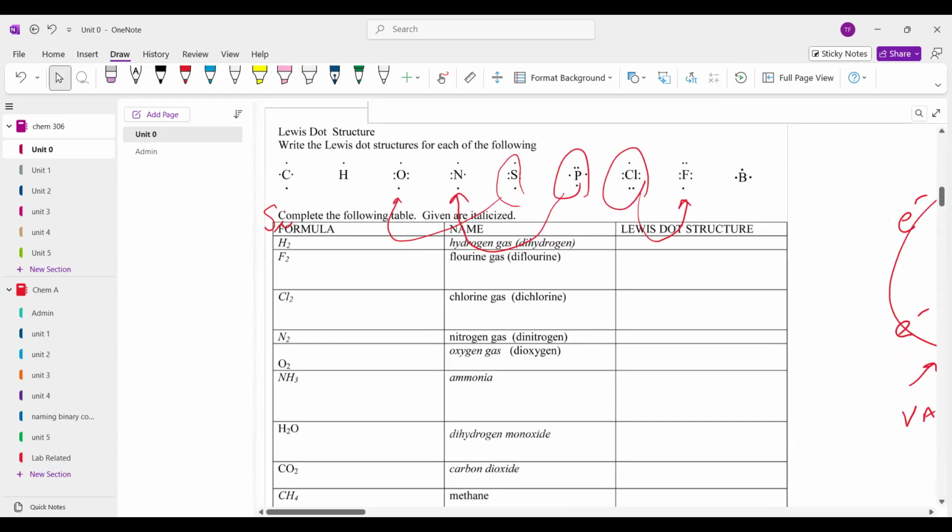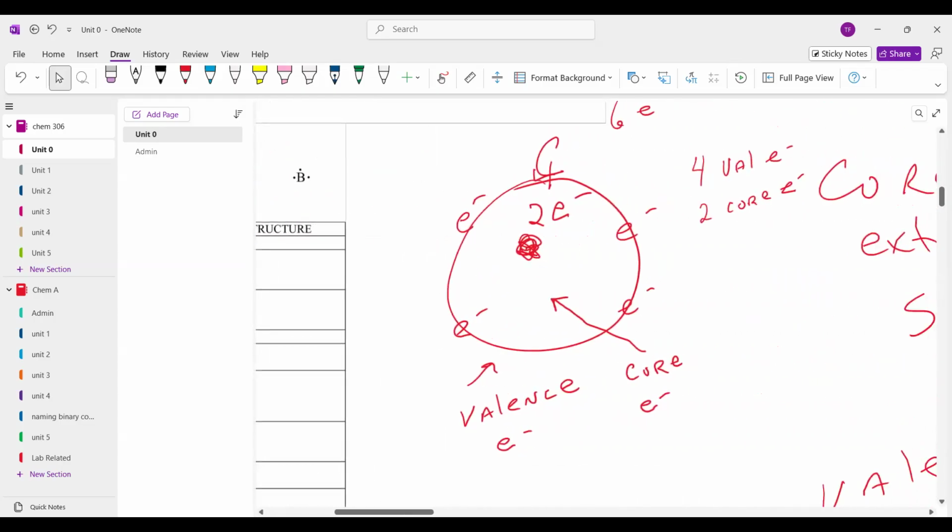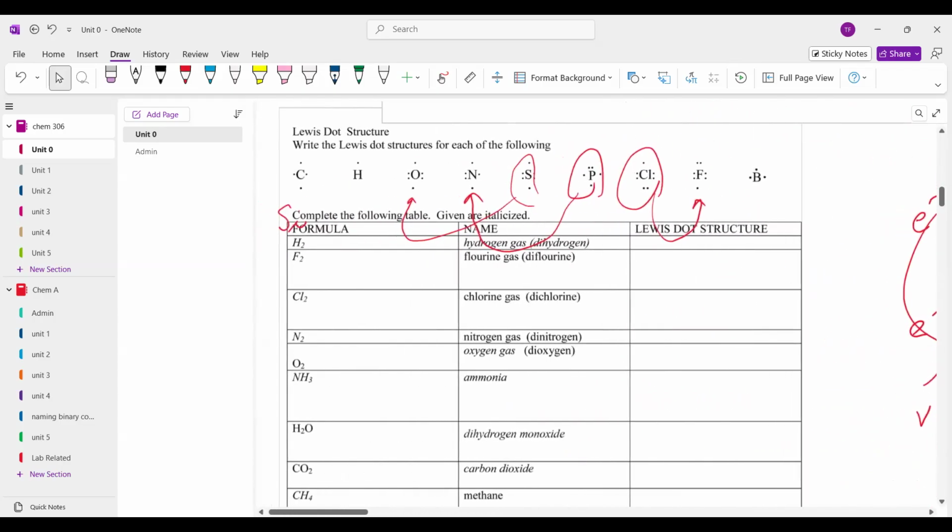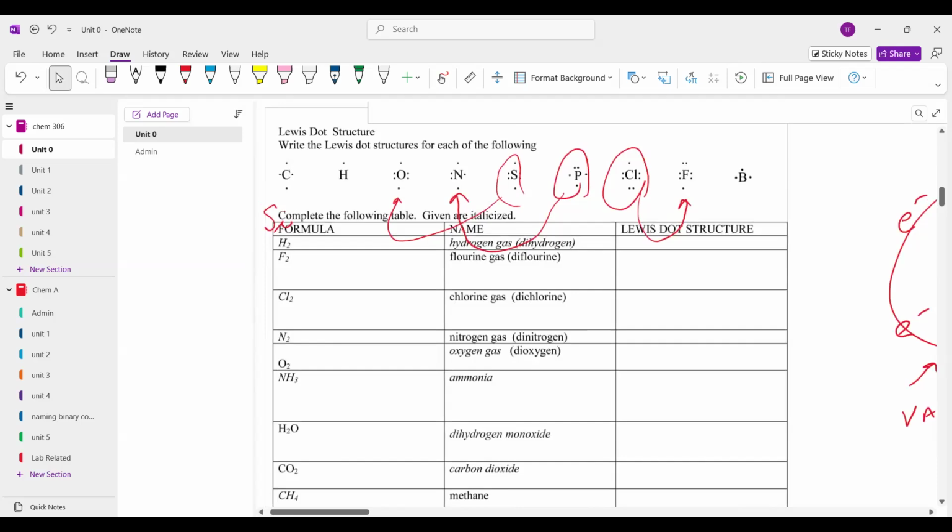So far, yeah. Okay. I'm not going to lie, I'm still a little bit confused if I'm being honest, on the dots. Okay, the dots represent the outermost electrons.